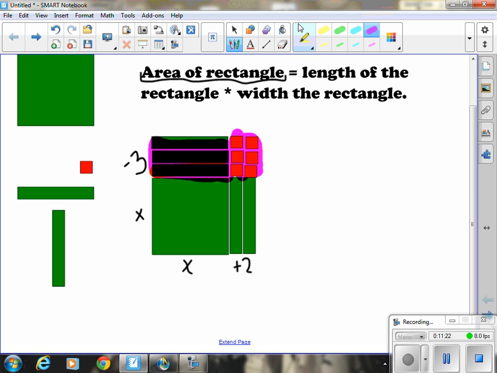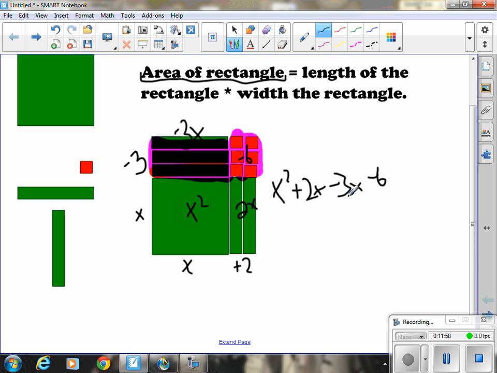So building my area model, this guy was x squared. This is 2x. These are not going to show up, so let me write it up here. Negative 3x. These are shaded, so they're negatives, and there's 6 of them, so that represents negative 6. So the area being built together would be x squared plus 2x minus 3x minus 6.